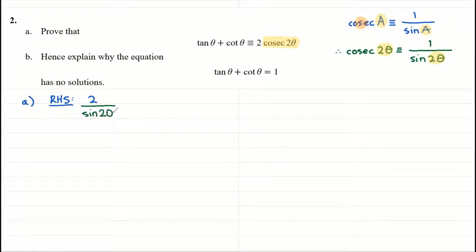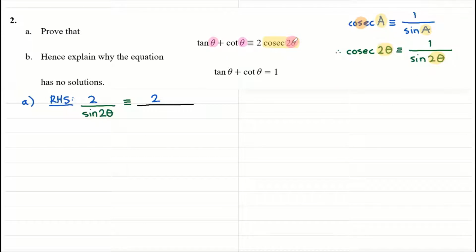Okay, from that bit of rough work I did over in the top right. So that's the first step. So we can eliminate that cosec stuff that we're not as familiar with, and we can bring in the sine function, which we know a bit about. Now that is going to be identical to, so I'm going to keep the 2 where it is. And then once again, my hand is forced now. I've only got one option because everything on the left-hand side is just in terms of theta, whereas the right-hand side is 2 theta.